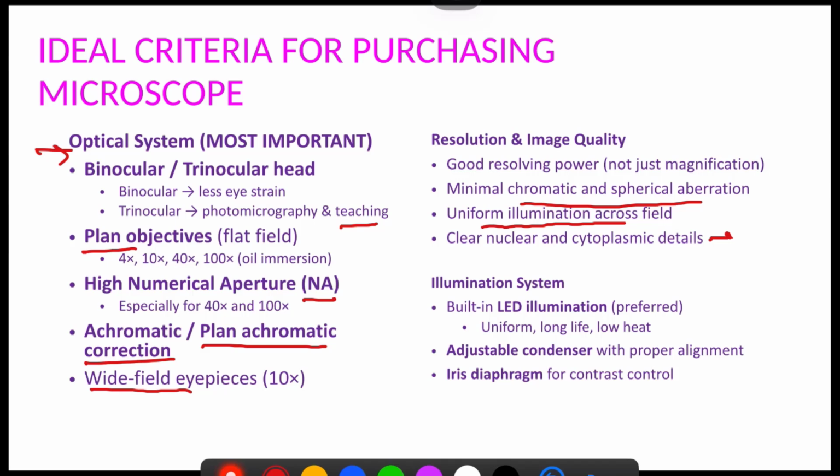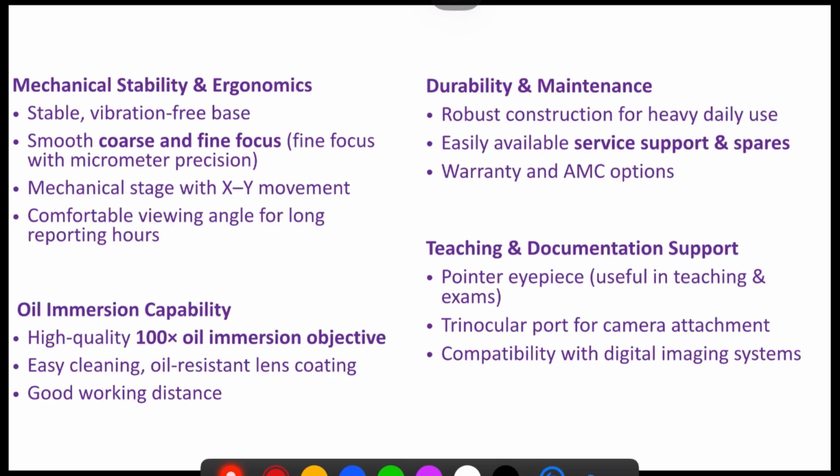We also have to check that the microscope is parafocal and paracentral when you purchase it. The illumination system required is built-in LED illumination, which has uniform light, long life and low heat, an adjustable condenser with proper alignment, and an iris diaphragm for contrast control.